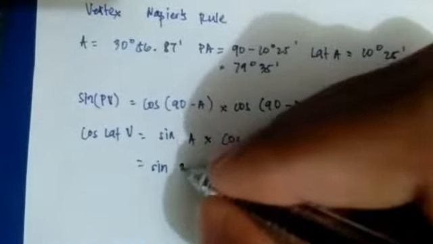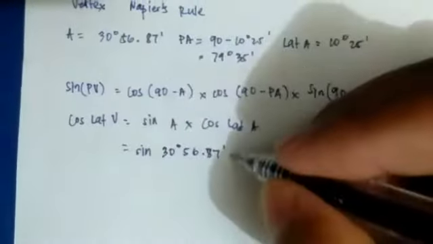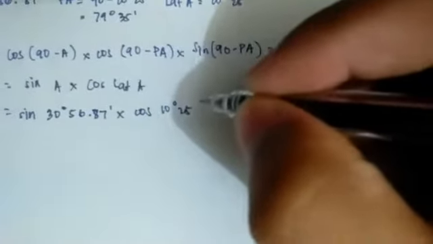So we will get cos latitude vertex equals sine A times cos latitude A. So we need to substitute sine A, which is 30 degrees 56.87 minutes, times cos latitude A, which is 10 degrees and 25 minutes. So we need to input it in our calculator.